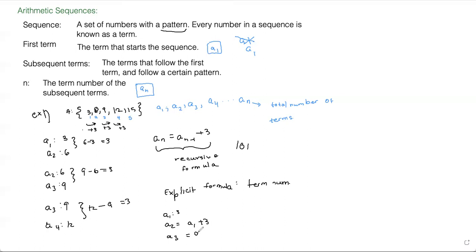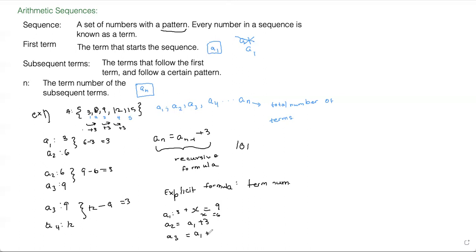We know that we have A1, or 3, plus X is equal to A3, right? Which was 9. So using some basic algebra, we know that X is equal to 6.